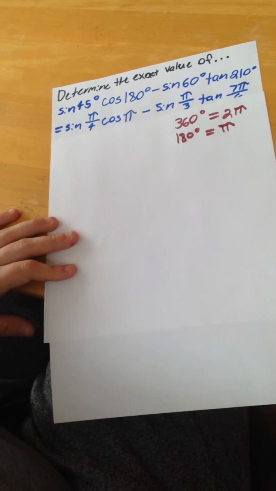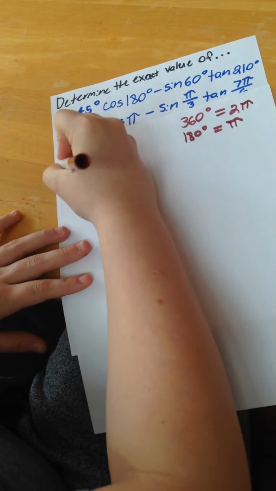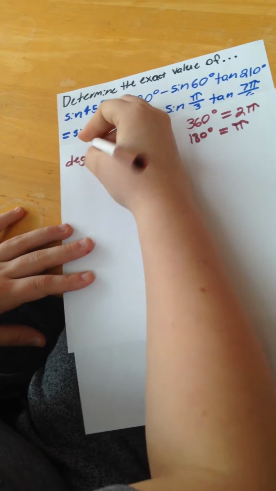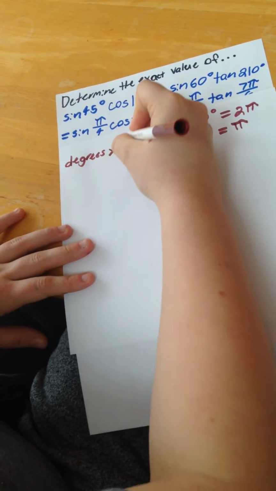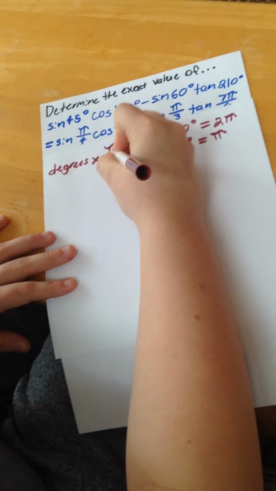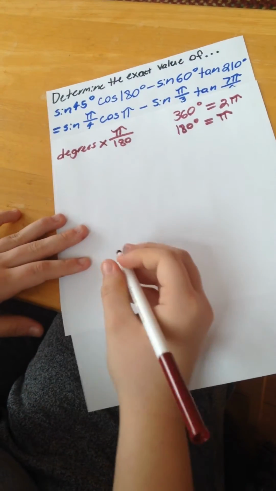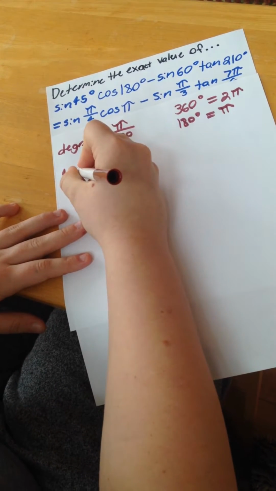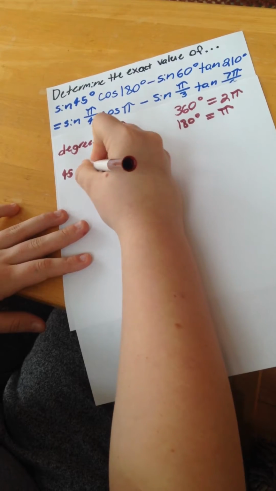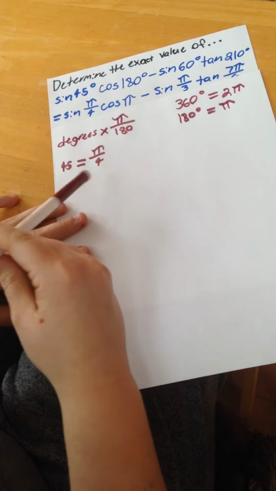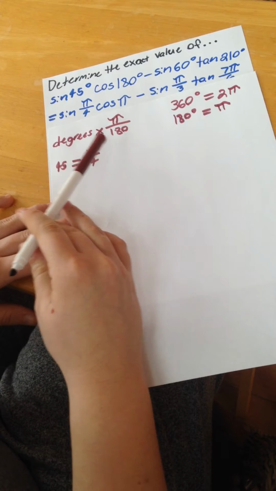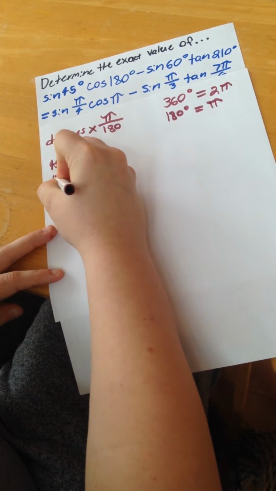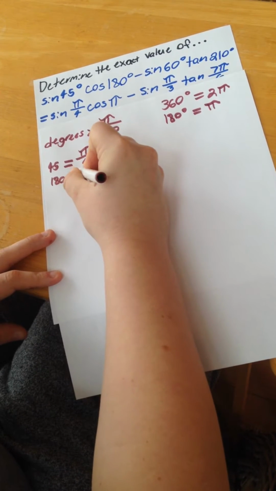And we also have to remember the rule is that you take the degrees and you multiply it by pi over 180. So for the 45 degrees, it would equal pi over 4, because when you take the 45 and multiply it by pi over 180, you'd get pi over 4. For the 180, we already know that equals pi.